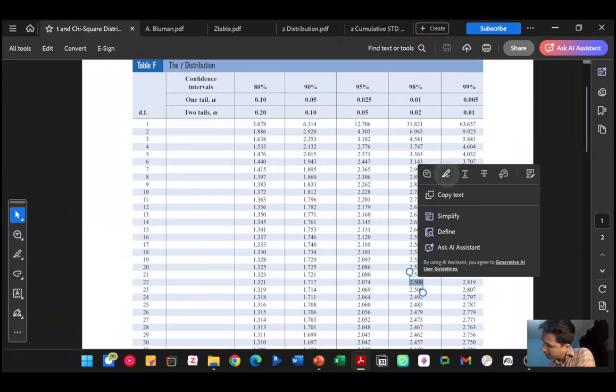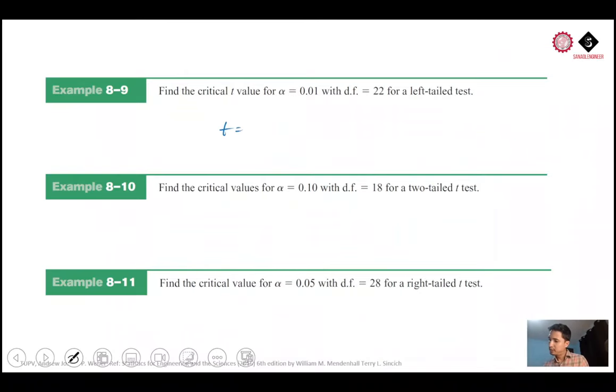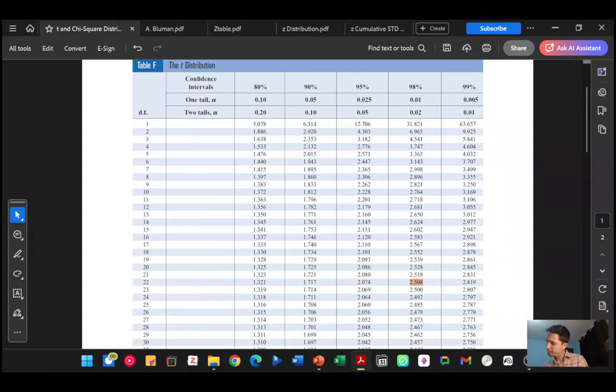This is the t value, 2.508 for degrees of freedom of 22 and a left tail significance value of 0.01. So the t is 2.508.